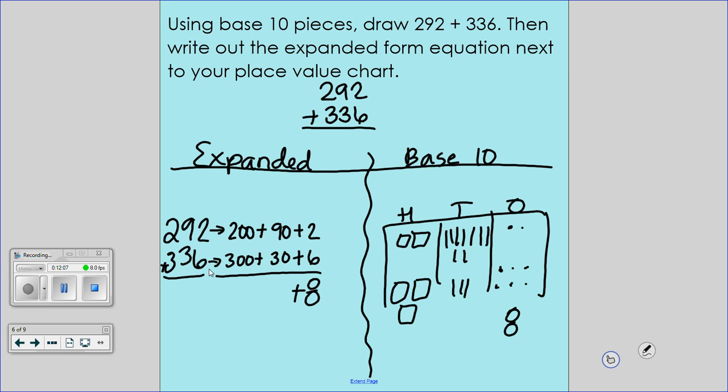Alright, now I'm working in my tens column. If I look over here at my base 10 pieces, I have 9 tens plus 3 tens. How many tens is that total? 9 tens plus 3 tens. Santiago? Get out of space and into Miss Miller world. 9 tens plus 3 tens.